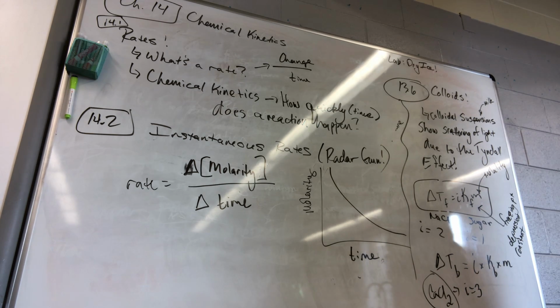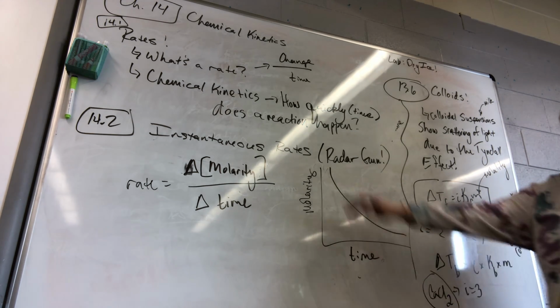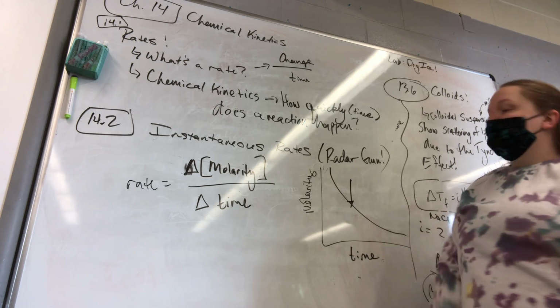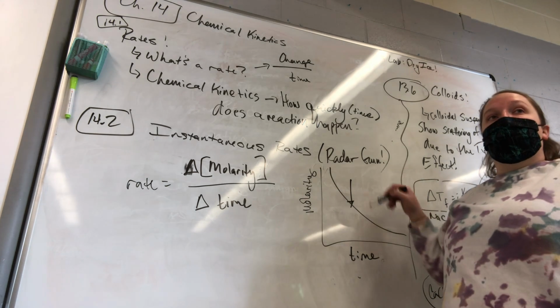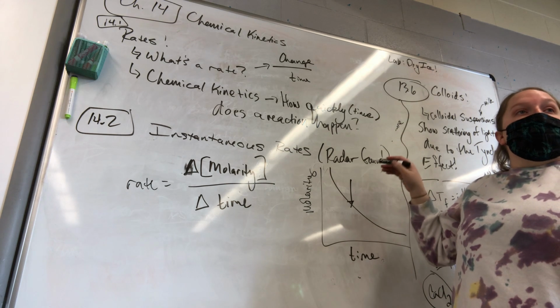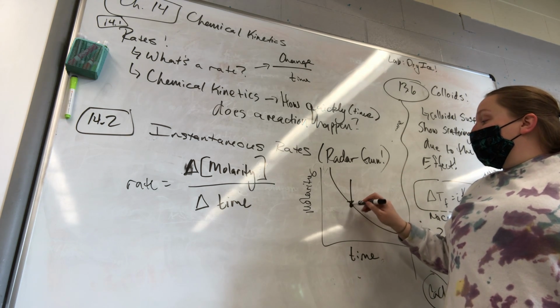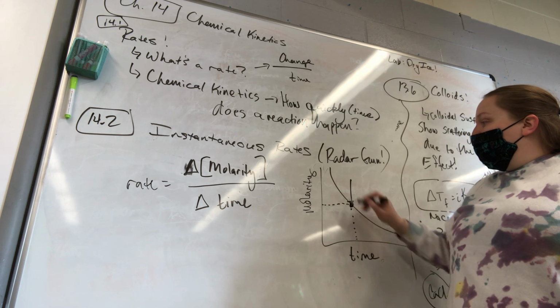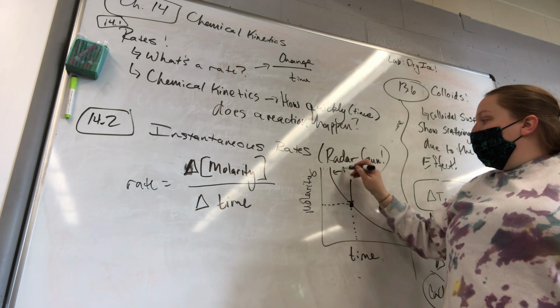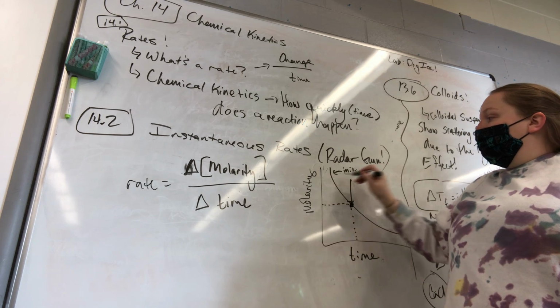When we think of instantaneous rates, we can also use a graph of molarity versus time to say what exactly is the concentration at a specific time point, right? So this is how we can actually calculate an instantaneous rate. We can take a concentration value at a specific time point, and we can compare it to, say, an initial value.